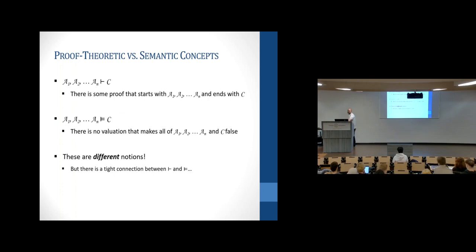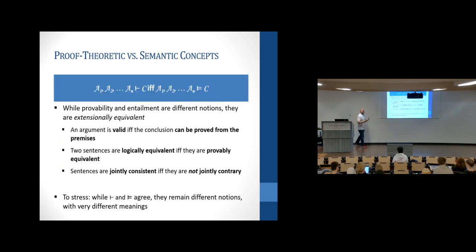Well, here's the nice thing. Because these two match up, because they extensionally agree, we have tools now. We can say the argument's valid if and only if the conclusion can be proven from the premises. And if the argument's invalid, what will we be able to do? What can we do with an FOL argument that we know is invalid?